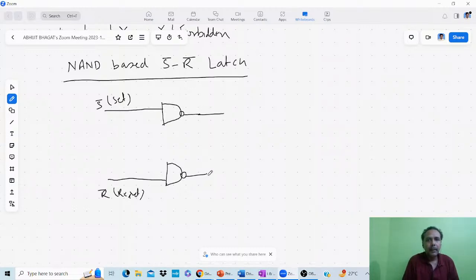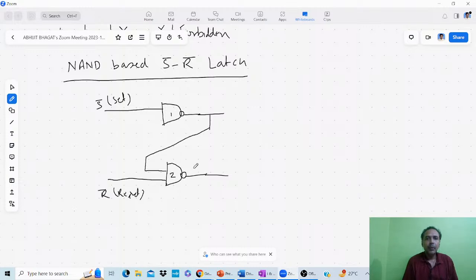Same as the previous, here one gate's output is input to the other gate. Suppose this is gate 1 and this is gate 2. So gate 1 output is one of the inputs of gate 2.